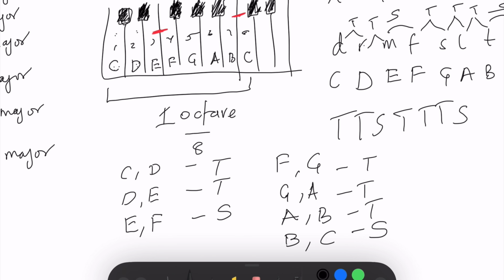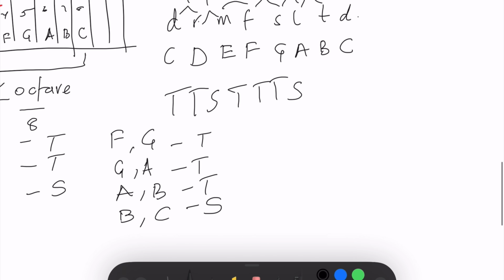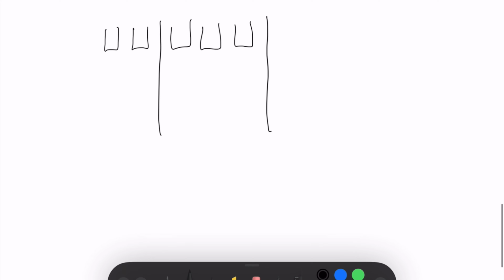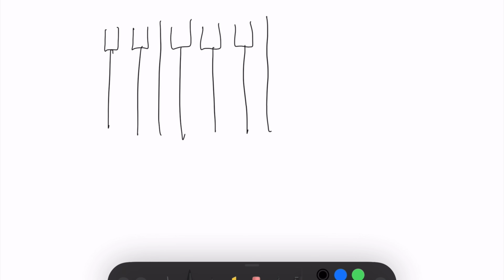Remember that on the dummy keyboard, let's draw the dummy keyboard with the names again. We call these sharps and flats accidentals.